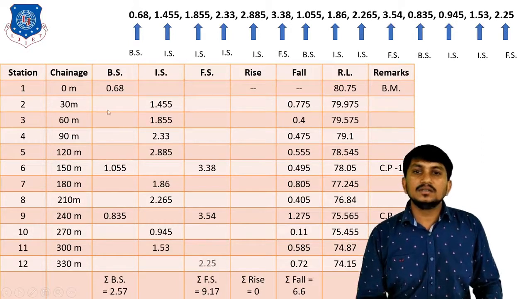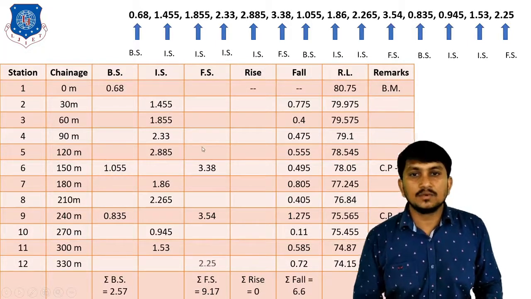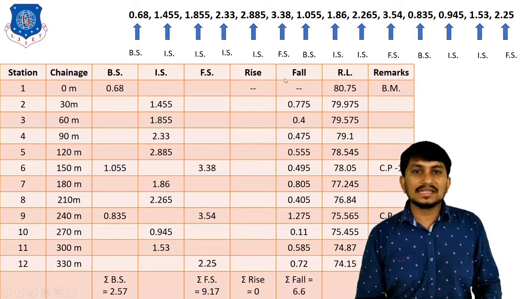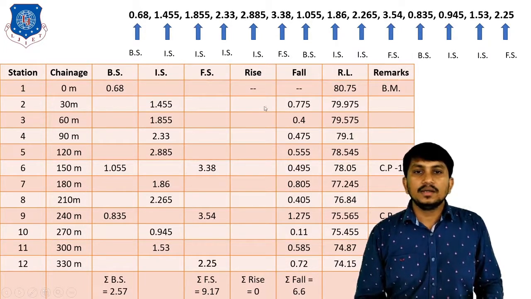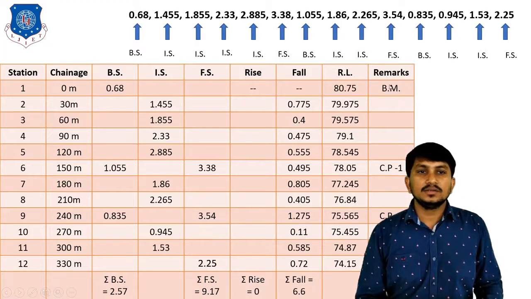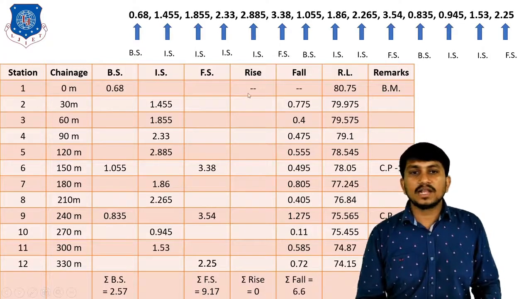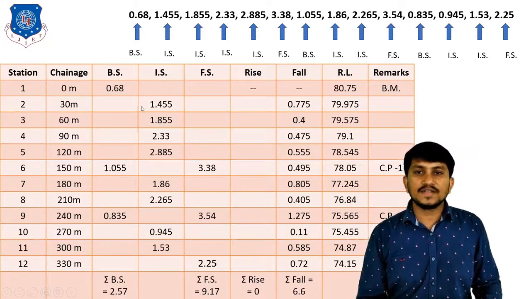After writing all these values in the BS, IS and FS columns, we calculate the rise and fall of each station. Here in the example the RL of the first point is already given, which is 80.75. So in the remarks column we can write benchmark. First we will calculate the rise or fall of each station.